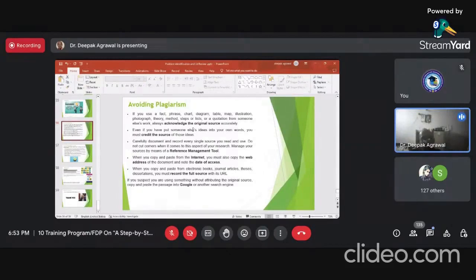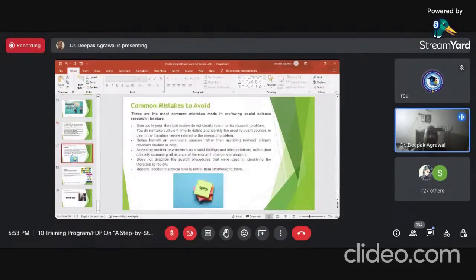You need to take prior approval before publishing or copying the data. But there are certain sources available, such as government statistics and so on, which provide free data access that can be easily used. But once again, you need to provide the source of collecting that information. Otherwise, again, it comes under the plagiarism category.